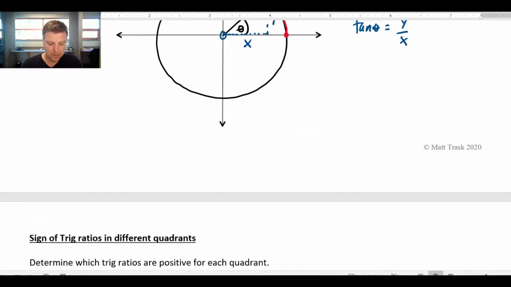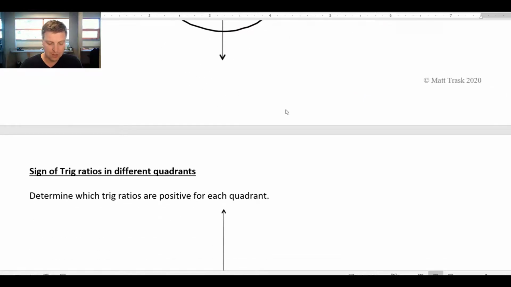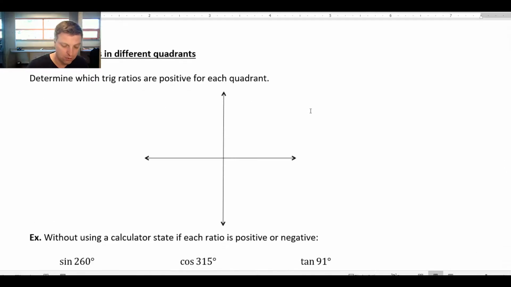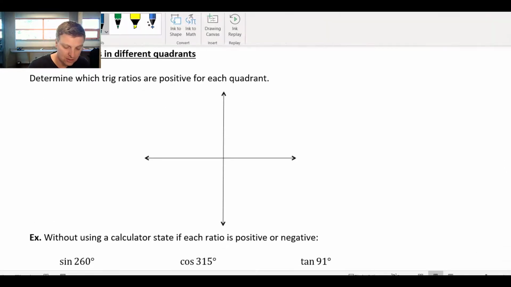Okay, so let's break this down and think about what we were just talking about. As we go around, if the sine of our angle is equal to our y-coordinate, and the cosine of our angle is equal to the x-coordinate, and the tangent is the ratio of those two, we can come up with a general rule for when this is going to be positive and when it's going to be negative.